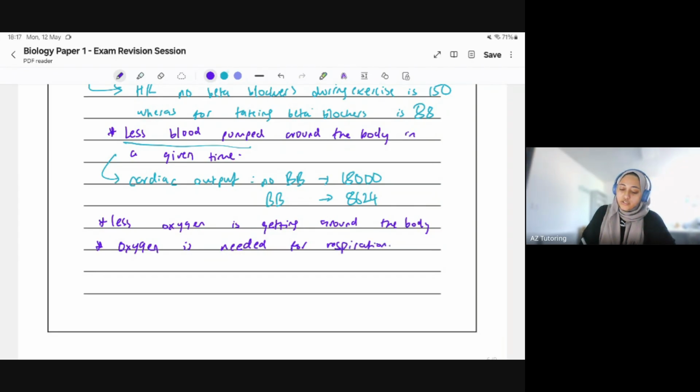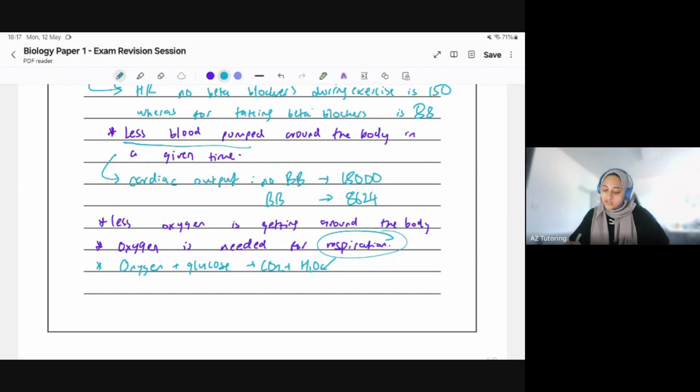I would even put the equation down. So what's the respiration equation? You could say oxygen, so you breathe in oxygen, we get glucose from our food, we then release carbon dioxide, I'm just going to write this, plus water. Make sure you don't mix up symbols and words, just doing that in essence of time. You can then say respiration releases energy.